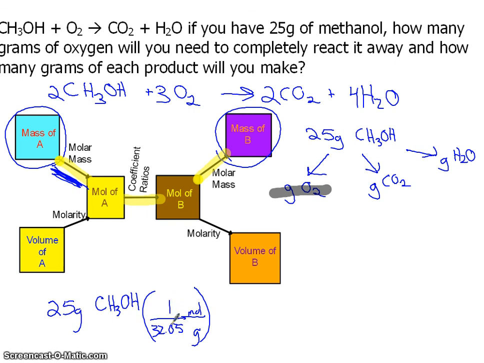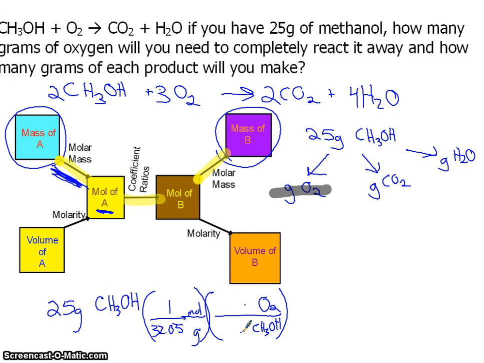Okay? And then that gives me moles, so now I'm at moles of A. I want to go to moles of B now. So I don't want to be in CH3OH, so I put that on the bottom. What I want to do is let's find the grams of O2. So I want to be in O2. Well, how do I know how many O2 is it per every CH3OH?